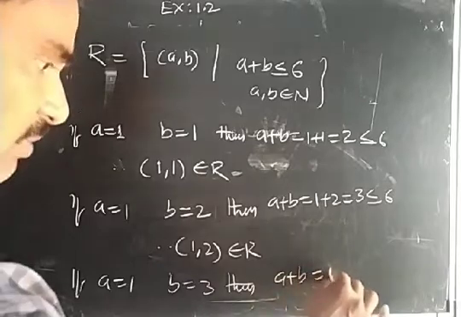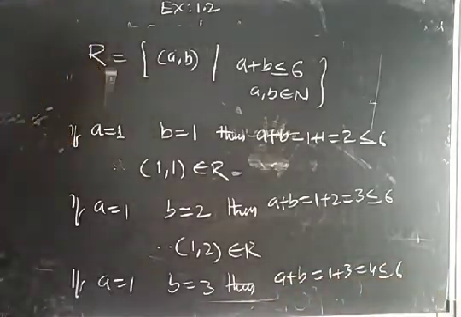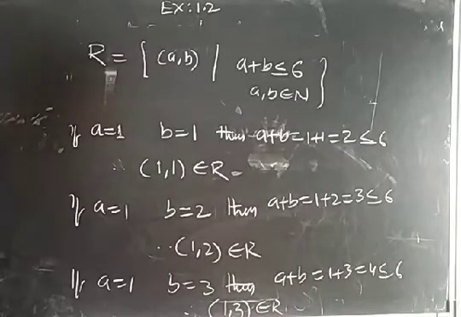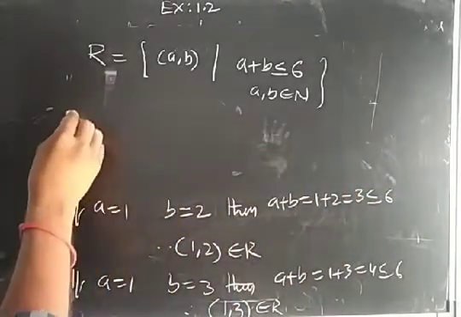A plus B, 1 plus 3, is equal to 4, less than or equal to 6. Again these two values satisfy the condition, so you can construct another ordered pair (1, 3), which belongs to R.